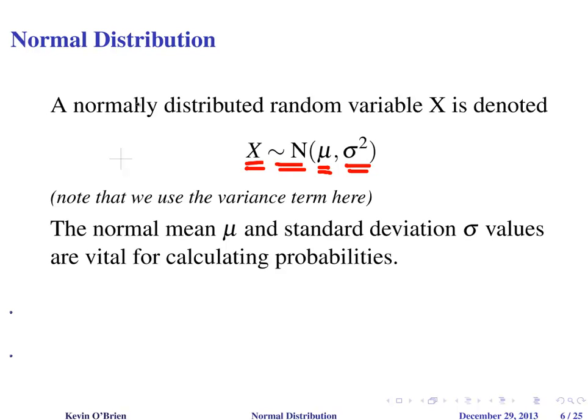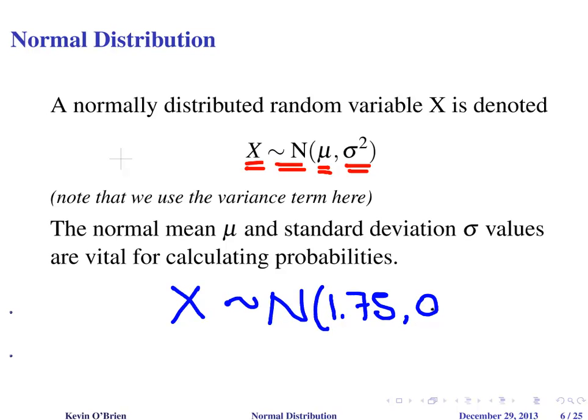For example, x, let's say, is heights of something or other with a normal distribution, mean 1.75 meters and variance 0.03 squared. Sometimes people write the standard deviation value and then put a square on it to make it easier to follow. So mu is 1.75 and sigma squared is 0.03 squared.